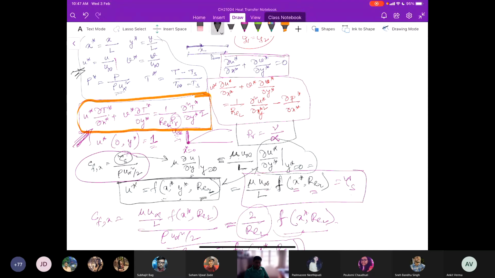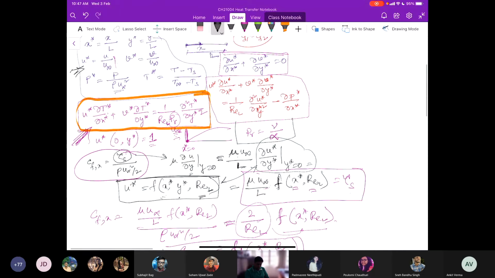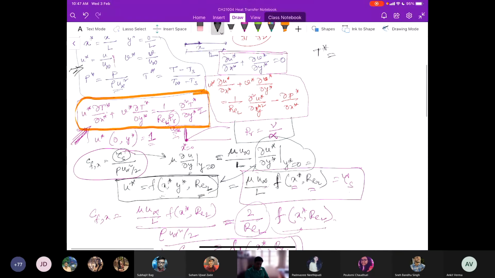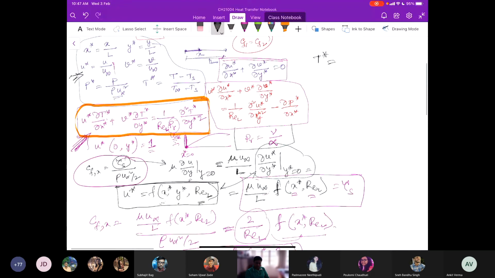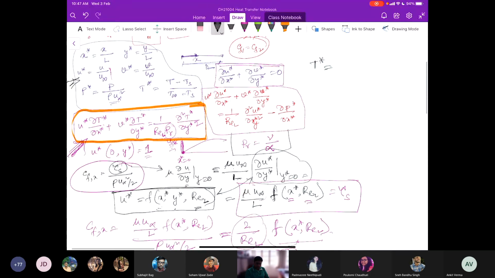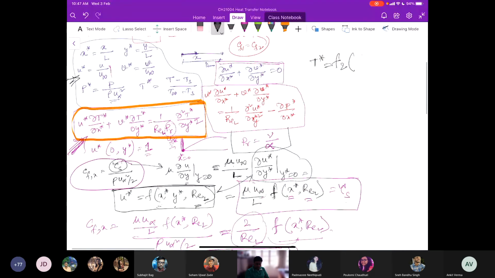If we look at the energy equation, what we can think of is that T star, the non-dimensional temperature, is basically another function of the domain boundaries, Reynolds number, and Prandtl number: the Reynolds number, Prandtl number, x, y. Based on these variables, I can find out my non-dimensional temperature.